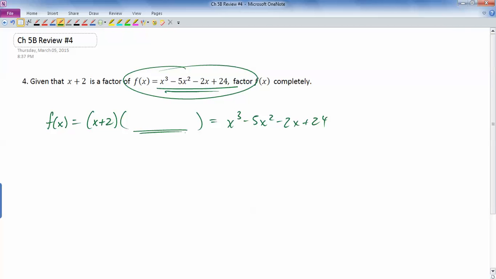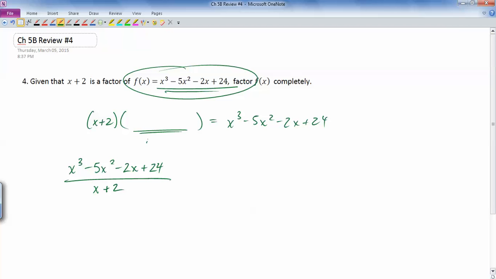So to get the part that I'm missing, I could divide both sides by x plus 2. What I really want to do is figure out what this is divided by x plus 2.